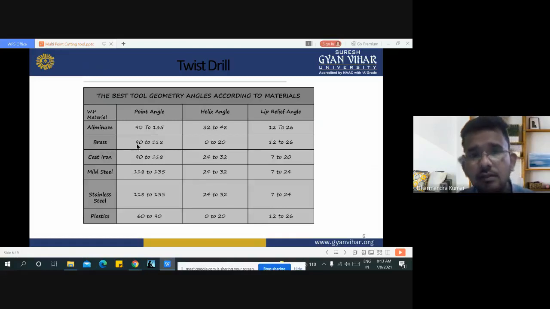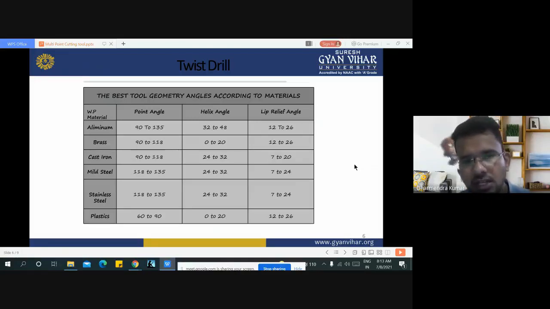For brass, point angle 90 to 118, helix 0 to 20, lip relief angle 12 to 26. For cast iron, again 90 to 118 degrees, helix angle 24 to 32, lip relief angle 7 to 20.